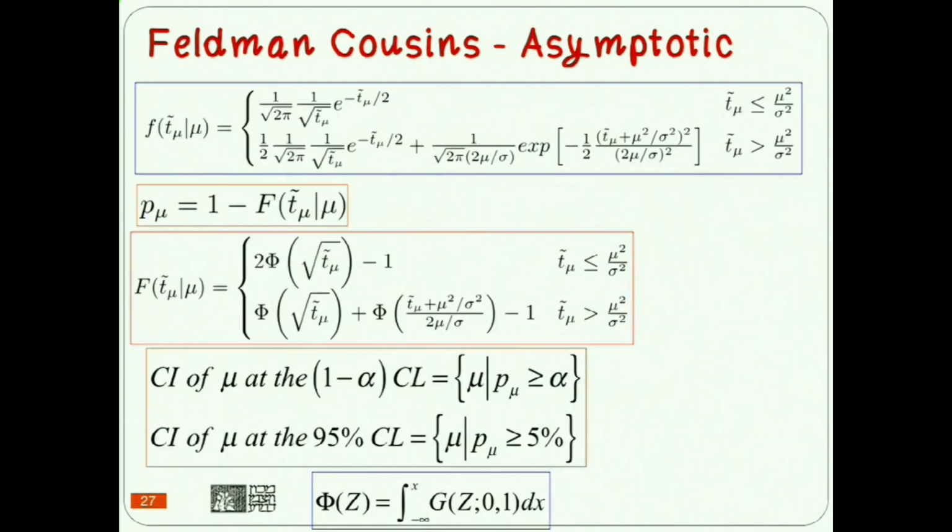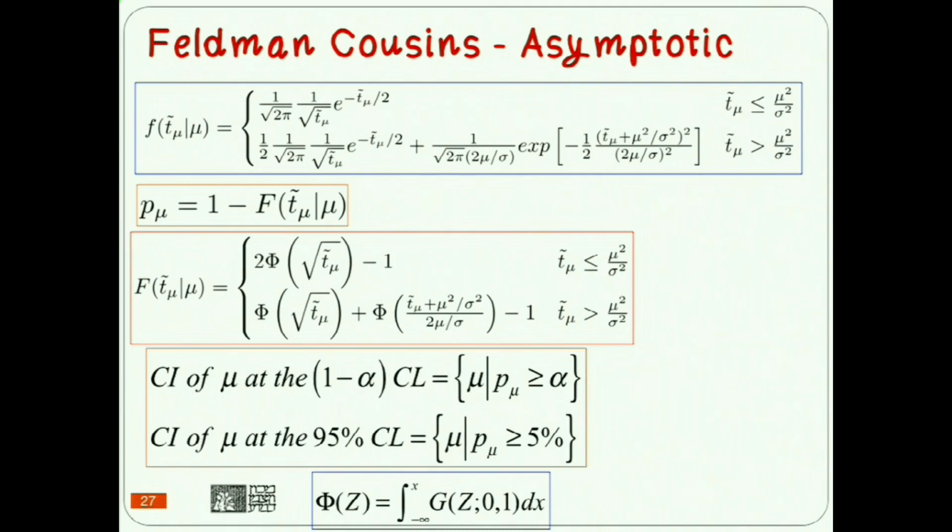Now, I'm not going to read for you all these formulas because it's crazy. But what I want you to internalize here is the fact that using the asymptotics, I have everything in hand. Because I have, for example, p mu is 1 minus the cumulative distribution F of t tilde mu, which is given here. The cumulative distribution is the area.